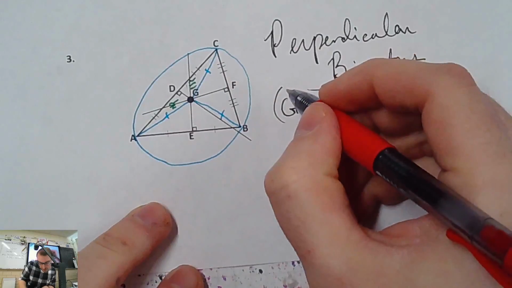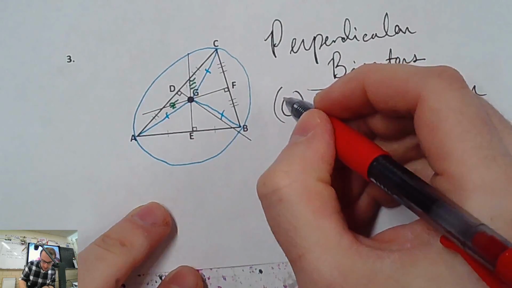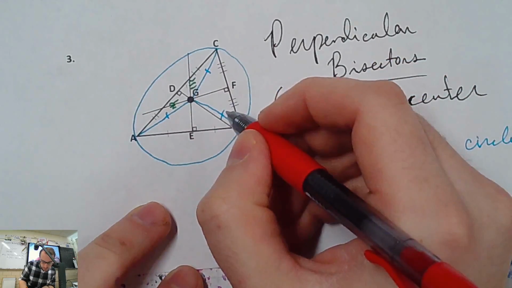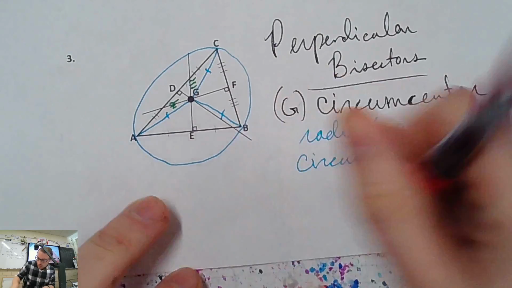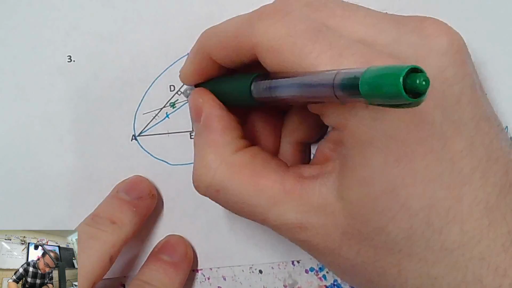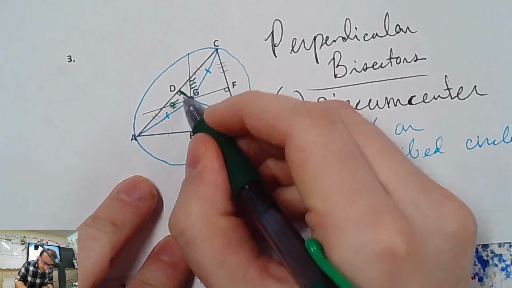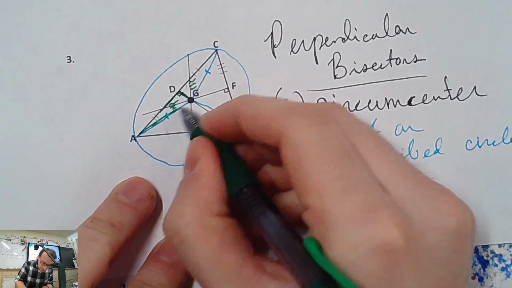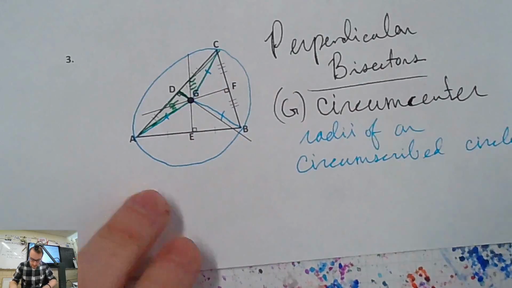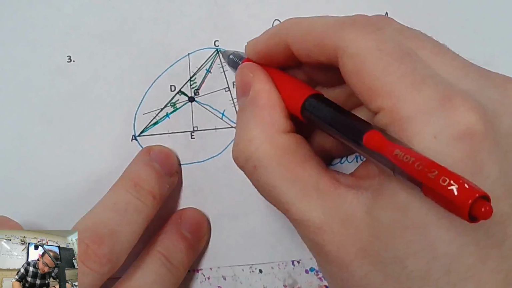And these two triangles will be congruent, here and here. These two triangles will be congruent.